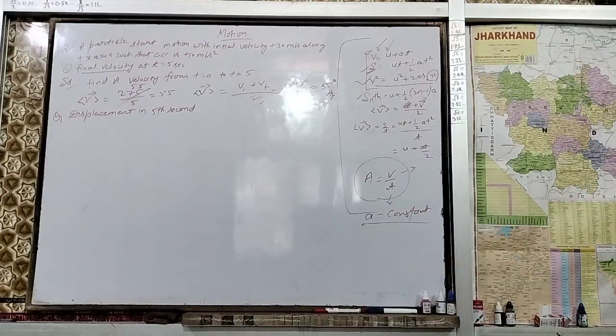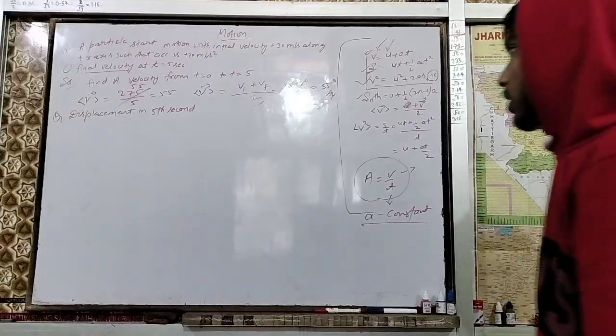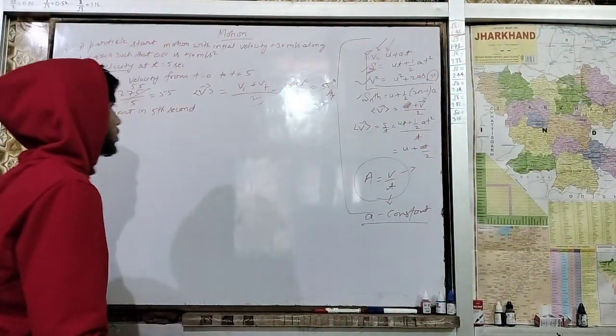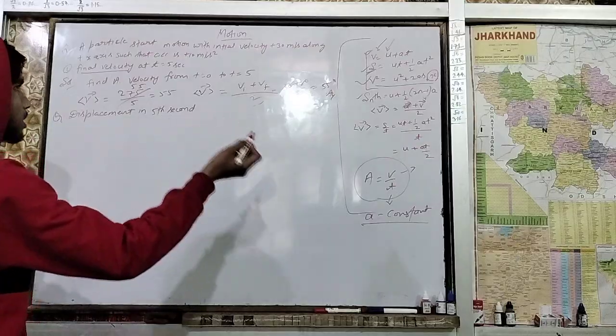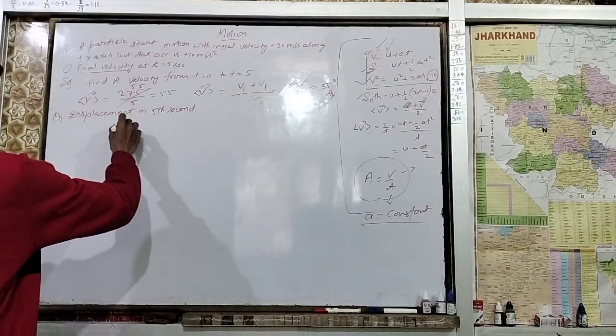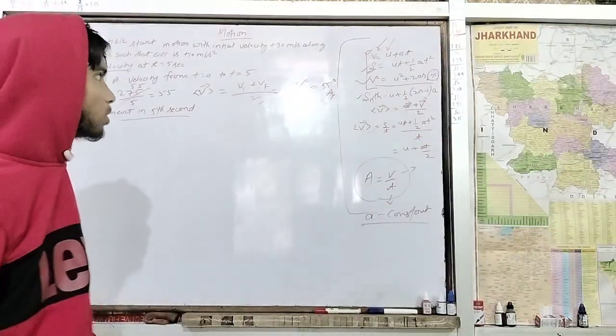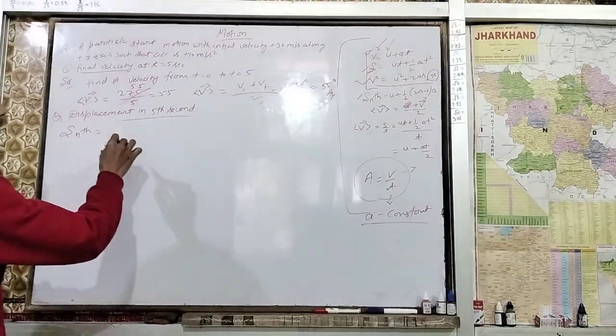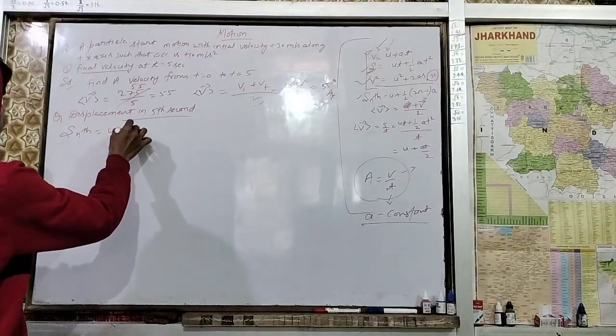This is the meaning of fifth second. Remember, when it comes to fifth, sixth, nth, then we will use this formula, Sn. S means displacement. So displacement in fifth second would be how much?